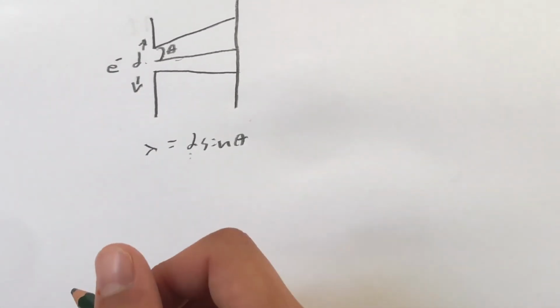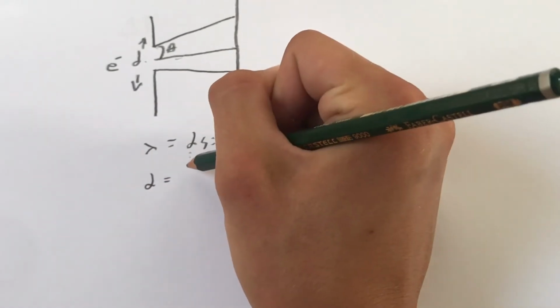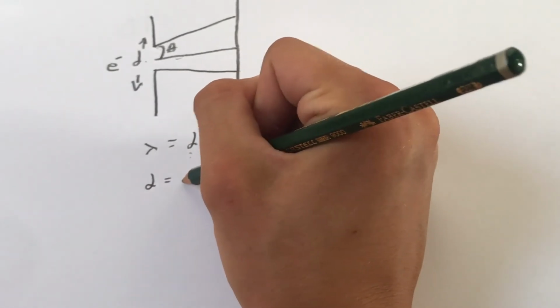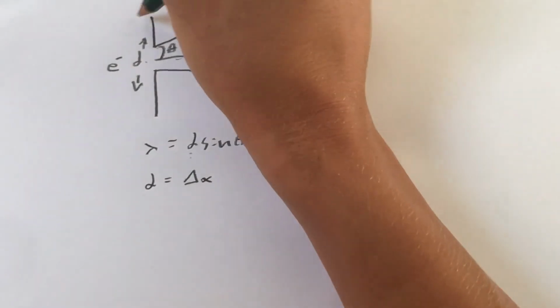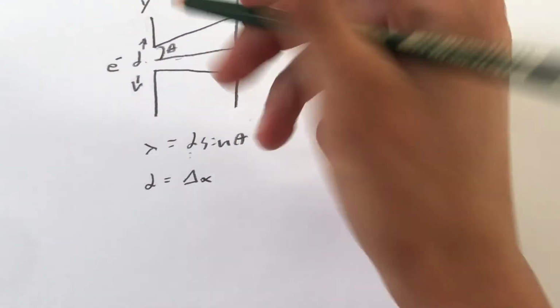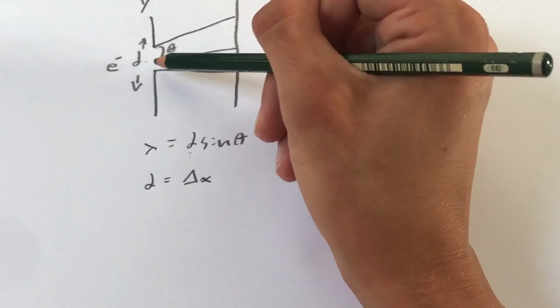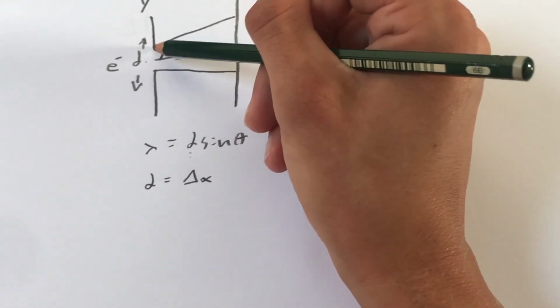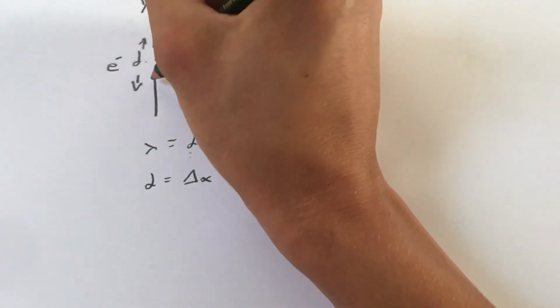So we also know that d is a measurement of position in the y direction, if you will. So this is simply delta x, because up here you will know that the electron passed somewhere between here and here. The uncertainty is here. You know that the electron did go through between this point and this point, d.